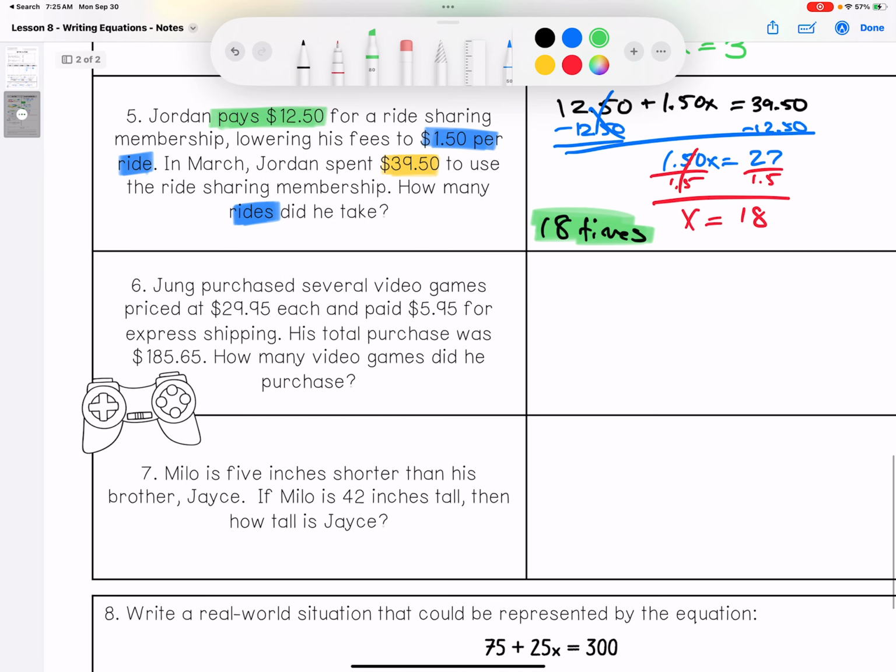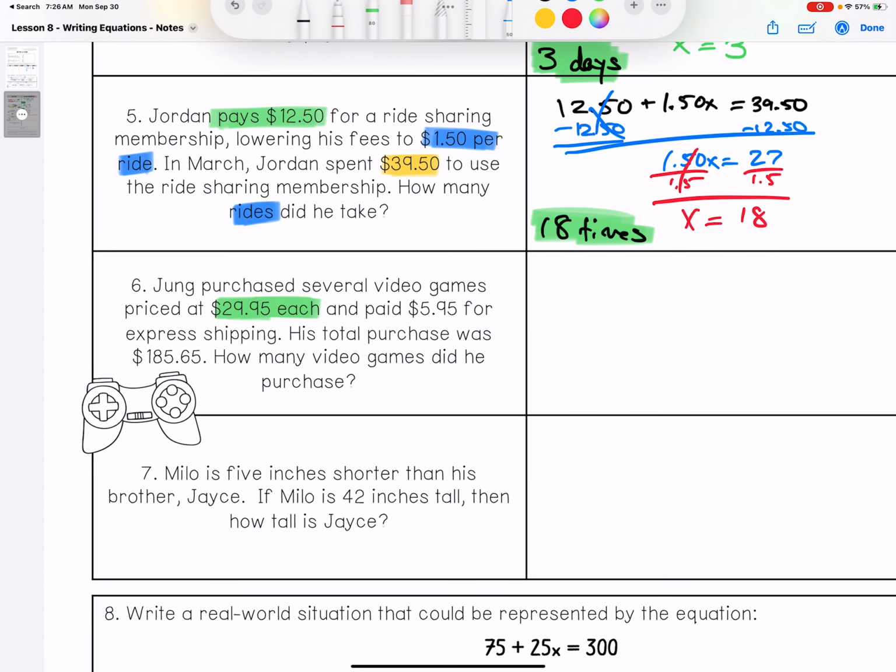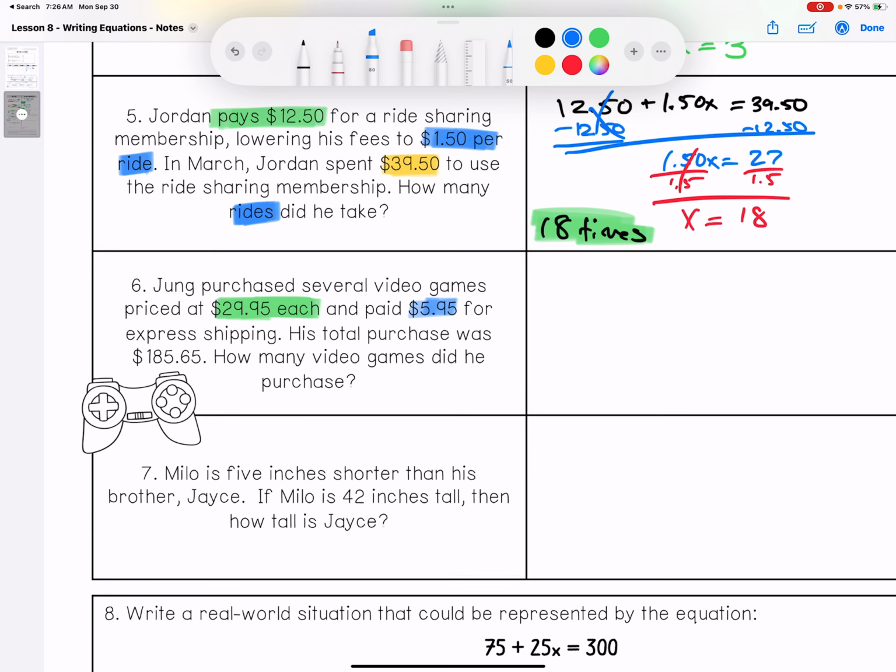Okay. Jung purchased several video games priced at $29.95 each. And he paid $5.95 for shipping. His total was $185.65.